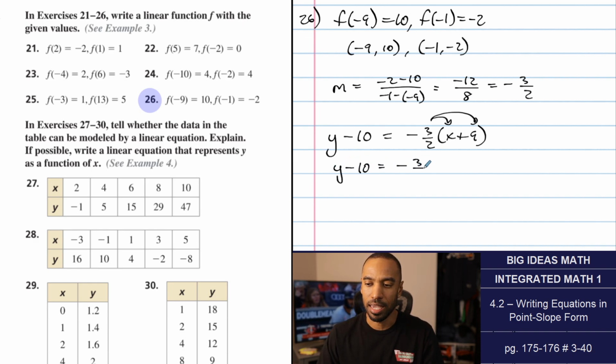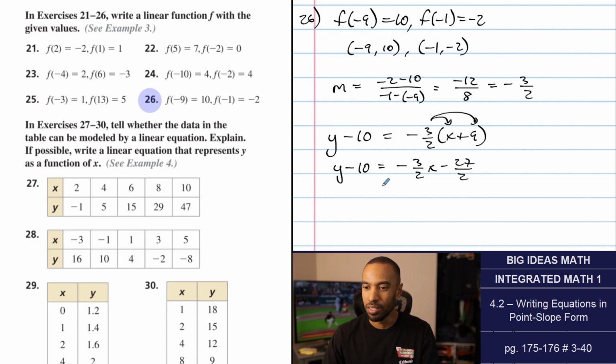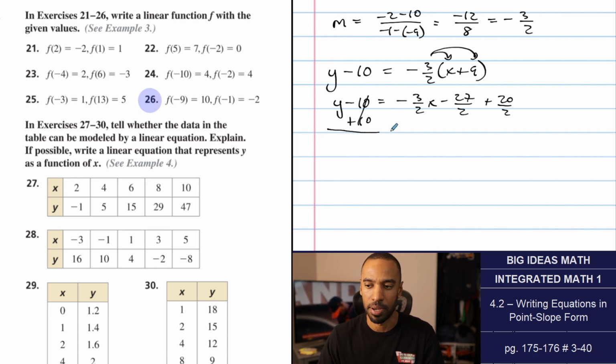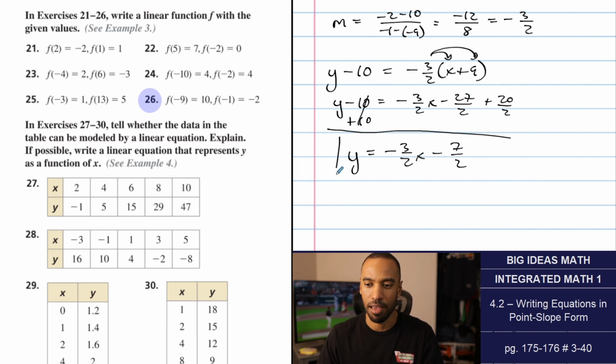Now, I get negative 3 halves x minus 27 halves. Ew. And even more so ew is I got to add 10 to both sides, and 10 is also 20 over 2 as a common denominator, multiplying top and bottom by 2 over 2. But then that gets me to combine to y equals negative 3 halves x. Negative 27 plus 20 is negative 7, so negative 7 halves like that.